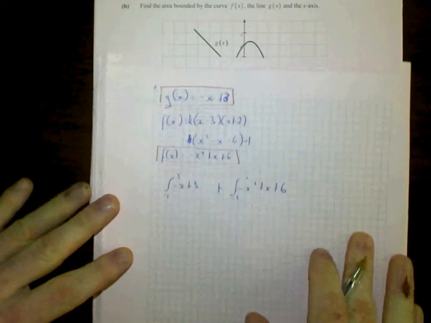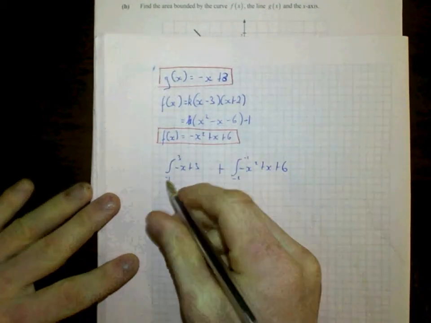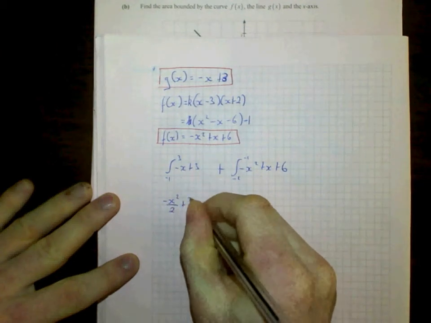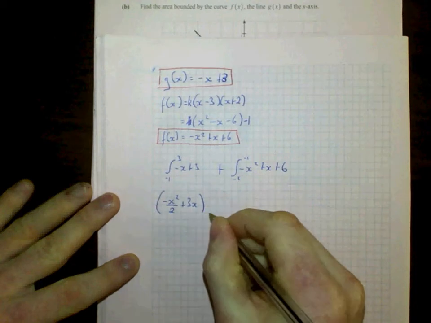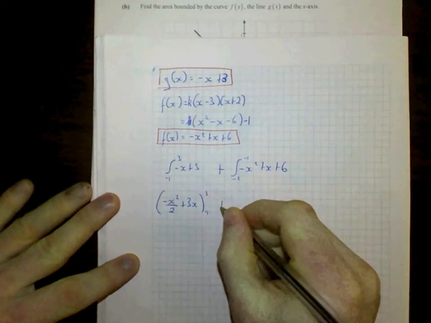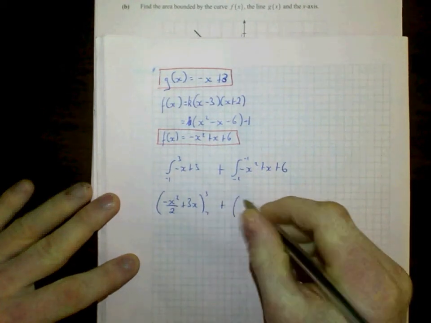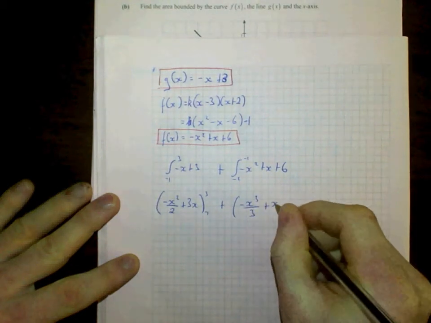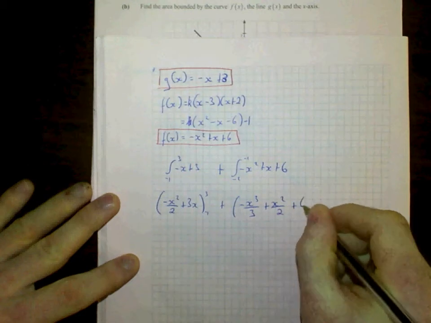Okay, so now I'll go off and actually do it. The integral of this is minus x squared over 2 plus 3x. I don't need to put in my c because it's in between limits. Plus the integral of this, minus x cubed over 3 plus x squared over 2 plus 6x.